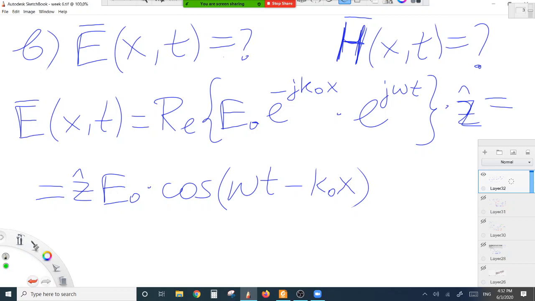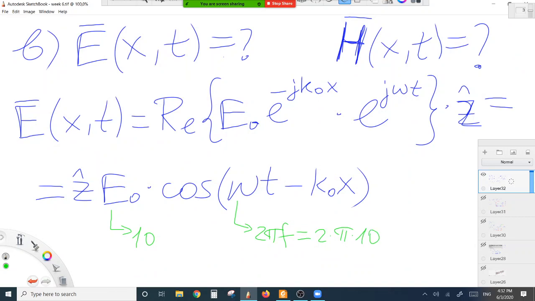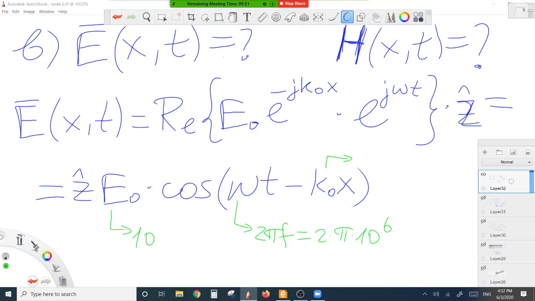So in our case, E0 amplitude is 10. What about omega? Omega is 2 pi f, and 2 pi f is 2 multiplied by pi multiplied by the frequency, which was 1 megahertz, 10 to the 6. Okay, you know how to compute k0. You compute and you write the numeric values for electric field intensity.